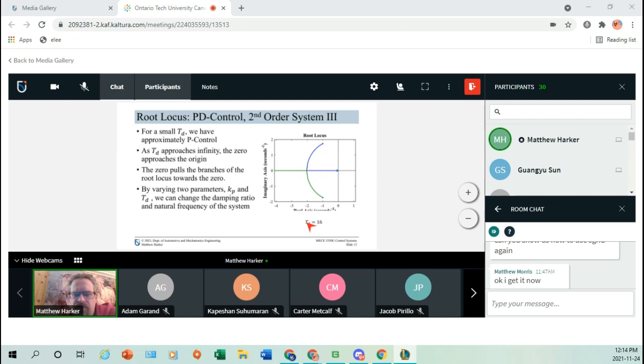So now if we took just this example, TD equal to 16, our locus basically starts here and comes along here to that critically damped point, and then into the origin, and then the other way, right?